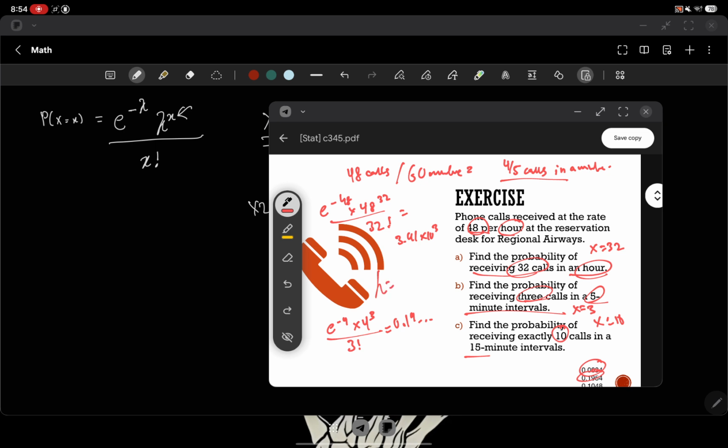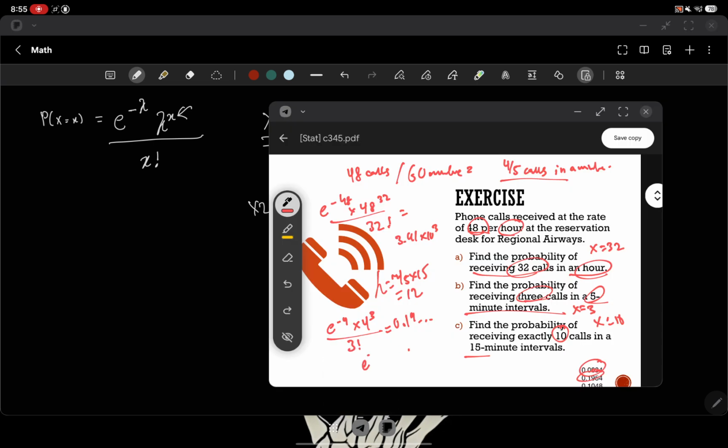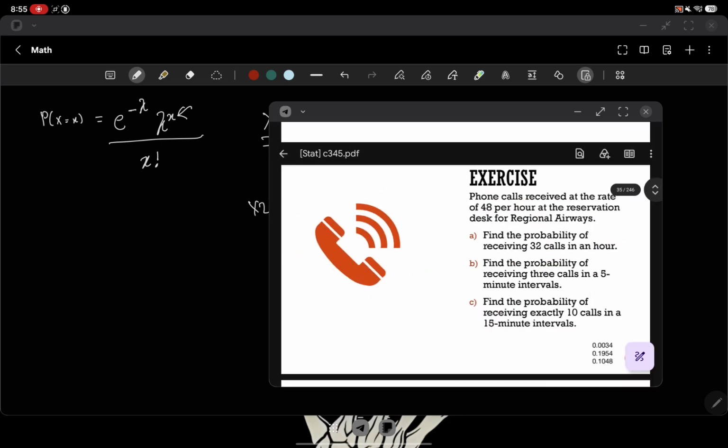So the lambda would be 4 over 5 times 15, which gives 12. So our equation would be e to the negative 12 times 12 to the power of 10 over 10 factorial. So we'll get this answer. You need to understand the question so that you can solve it.